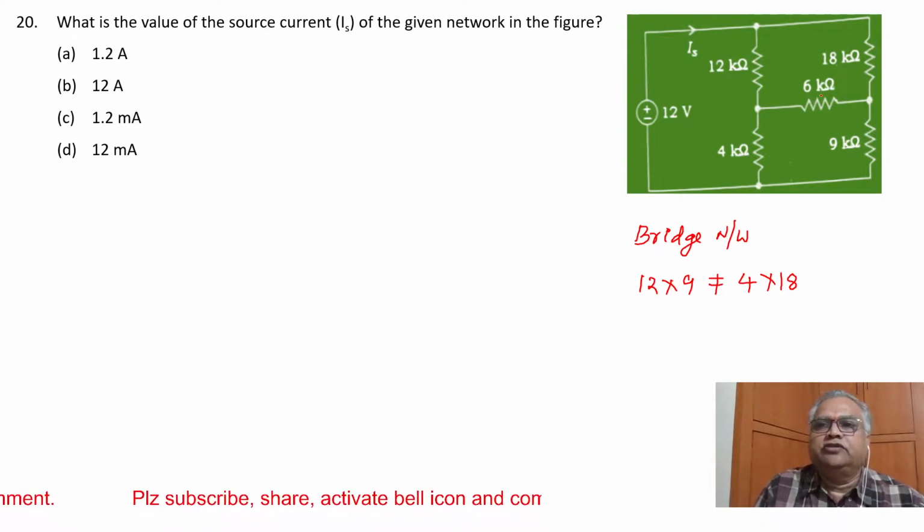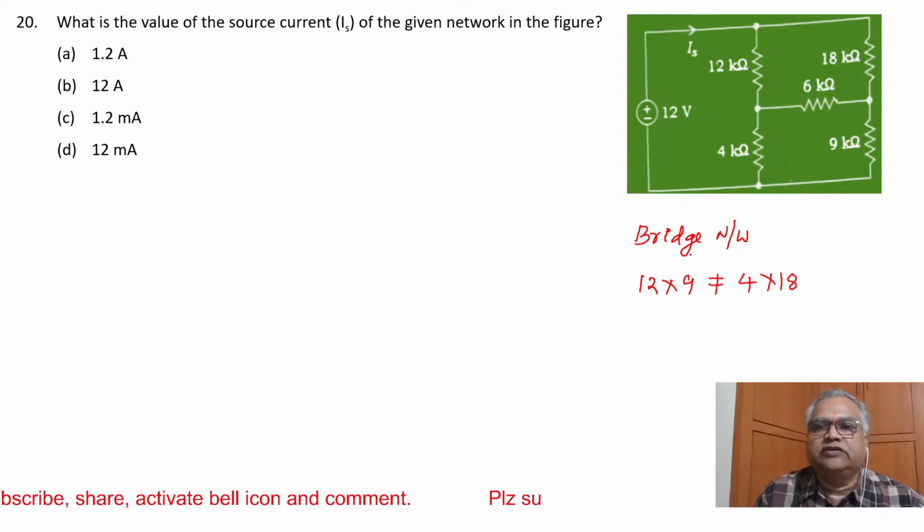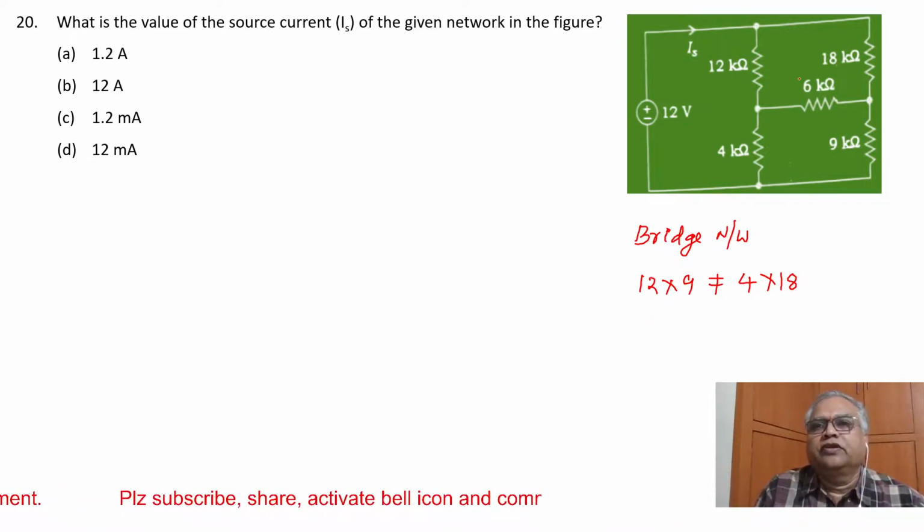If it is balanced, we can consider this like open, then the problem is simple. But unfortunately, here the bridge is not balanced. So the bridge balance concept cannot be used, and series parallel will fail anyway.